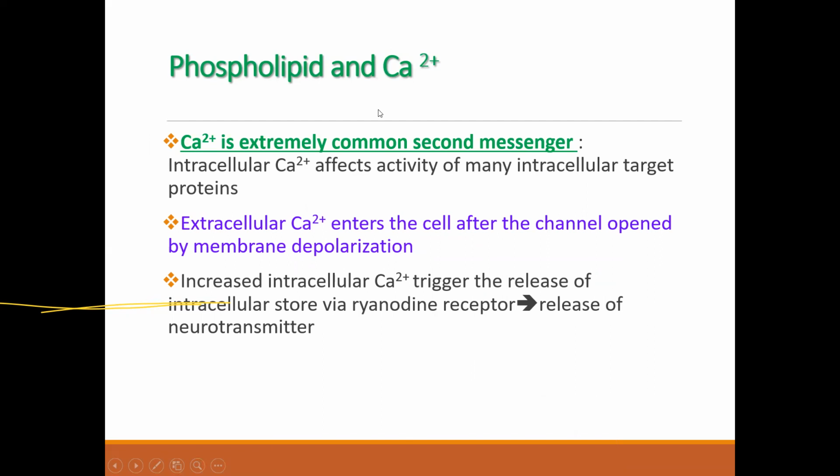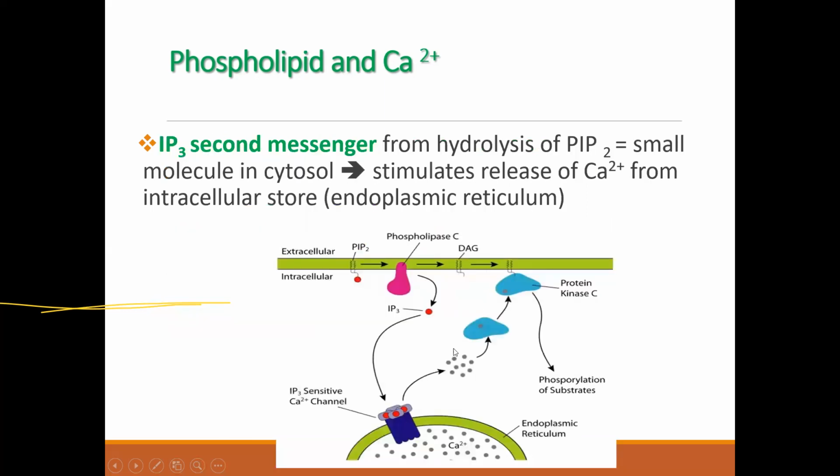Calcium ion is also a common second messenger, because intracellular calcium ion can affect the activity of many intracellular target proteins. For example, like I mentioned before, calcium ion together with DAG can activate protein kinase C. Another type of protein, like calmodulin, also needs calcium ion.